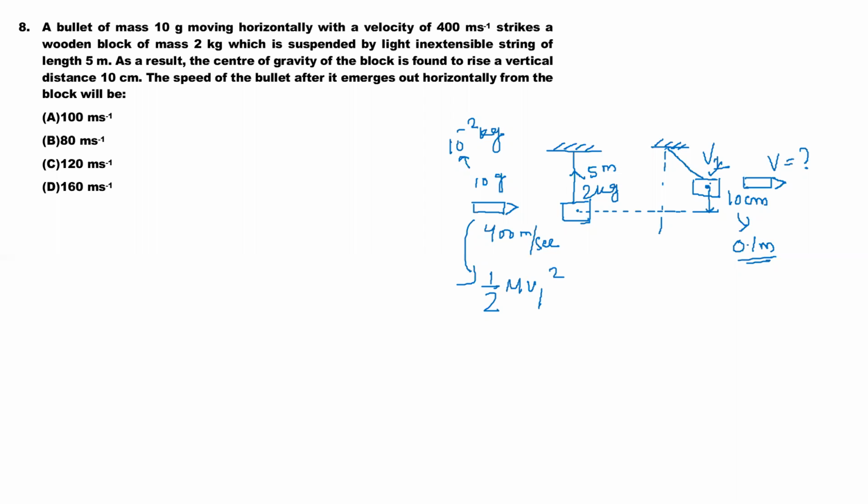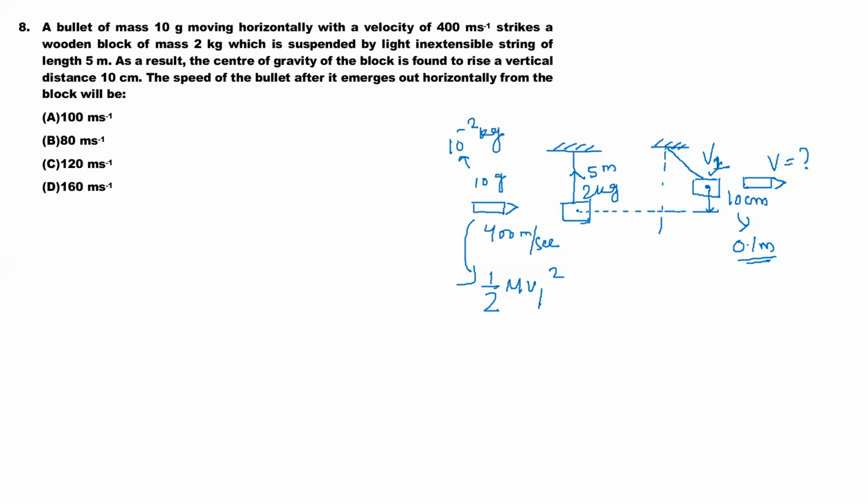So we want to find the velocity of this block. If I take both masses together as m, this is 10 and it entered with a velocity of 400 meter per second.